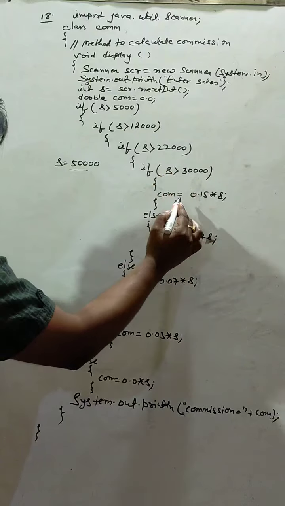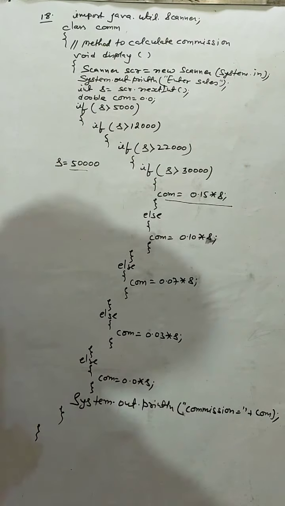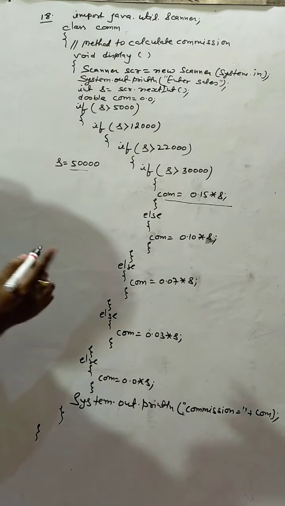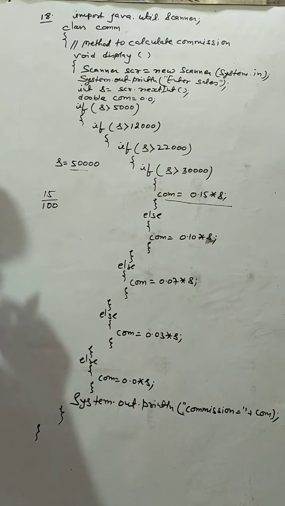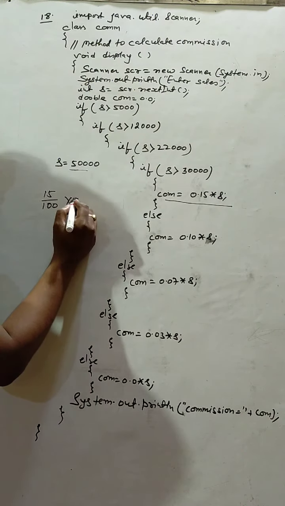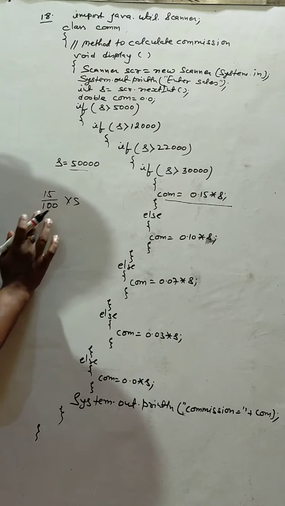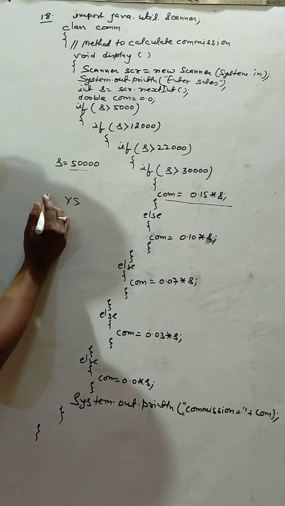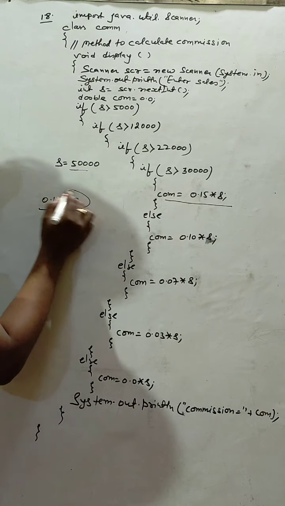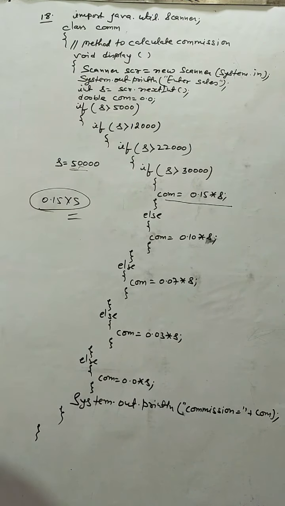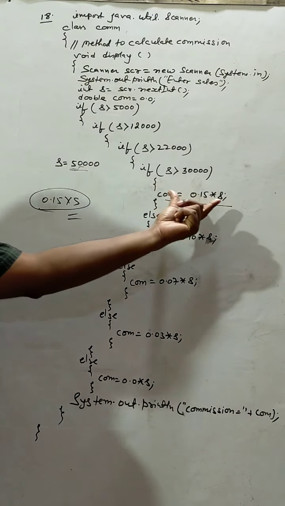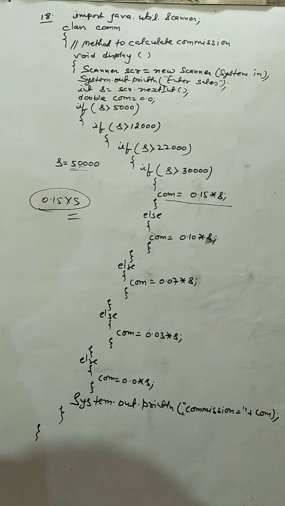Control goes inside, and here com equals 0.15 into S. 0.15 means 15%. 15% can be written as 15 by 100 of sale, and 15 by 100 can be written as 0.15. Therefore, if his sale is 50,000, he will get a commission of 15%.